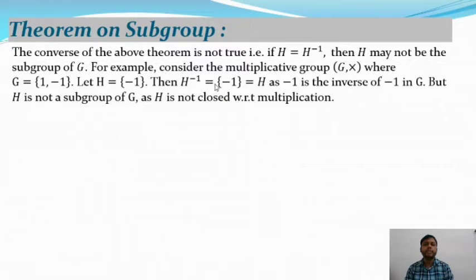Then H inverse is equal to {-1} as well, and this equals H. So -1 is the inverse of -1 in G, but H is not a subgroup of G, as H is not closed with respect to multiplication.